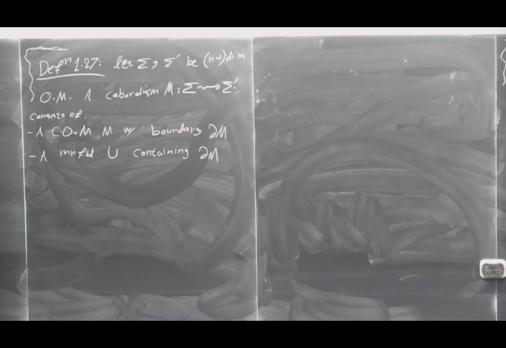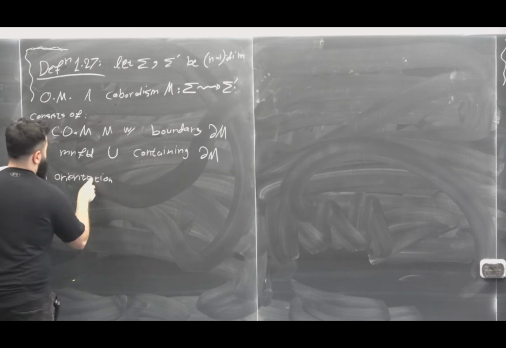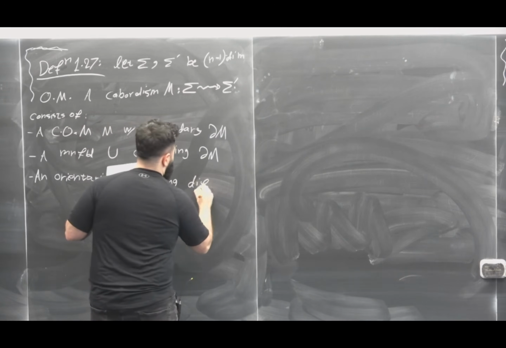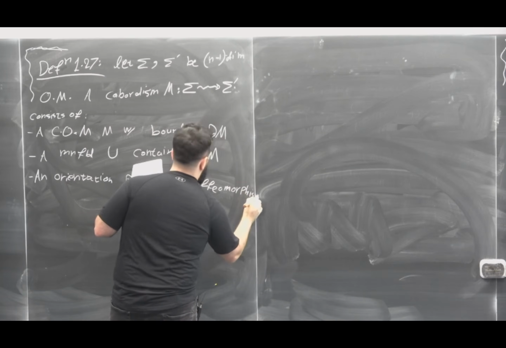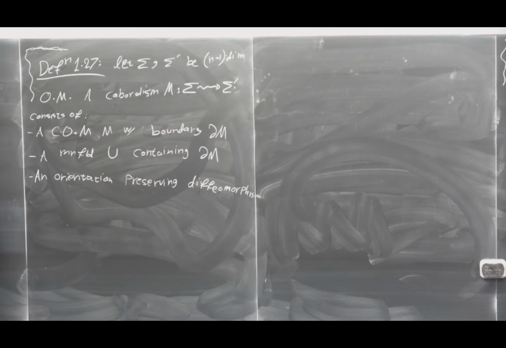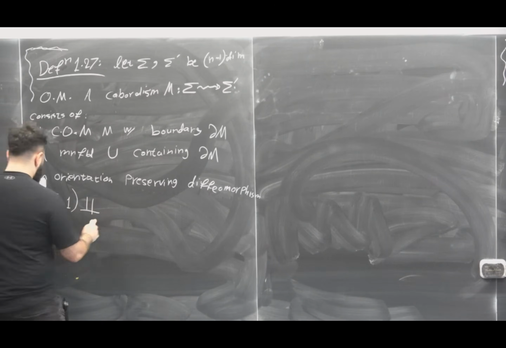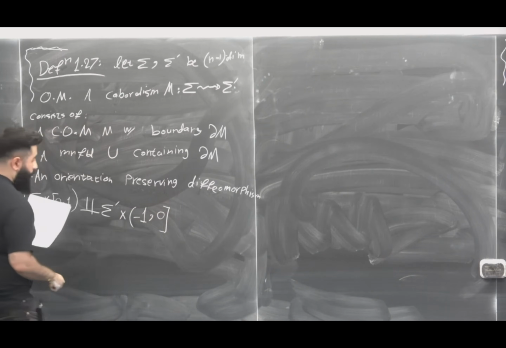and an orientation preserving diffeomorphism psi from my boundary element sigma Cartesian producted with the half-open interval, disjoint union with sigma prime, similar thing going on here, half-open interval.